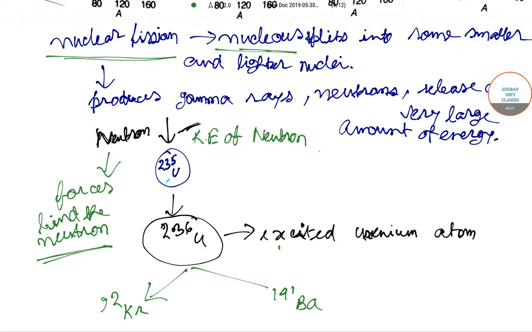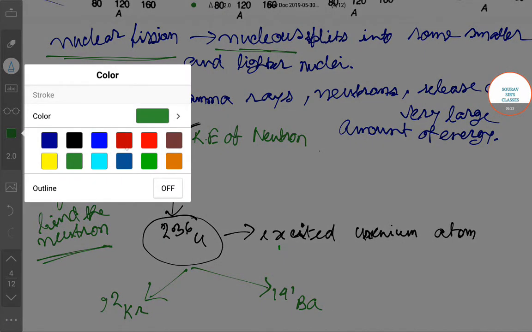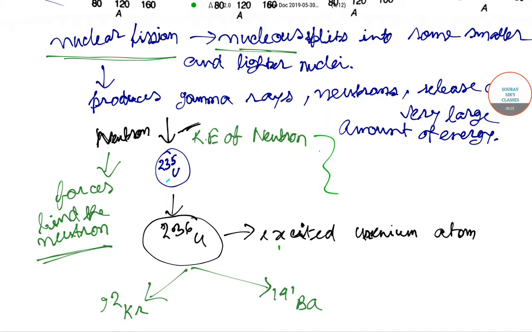These are the two smaller elements. So this process is induced nuclear fission.